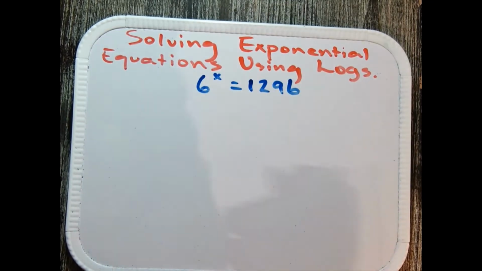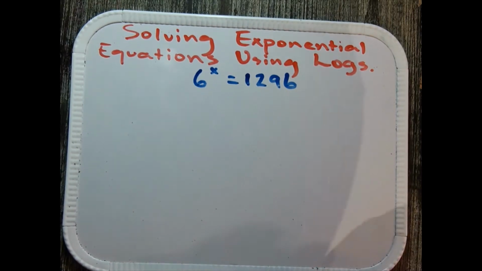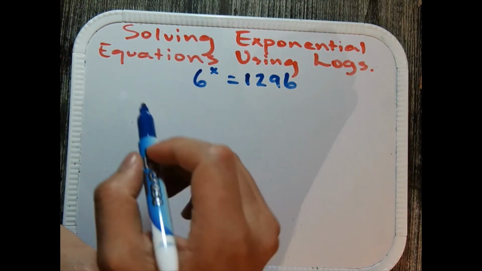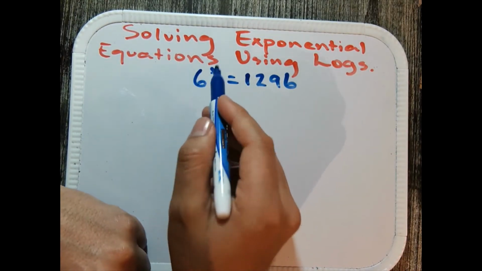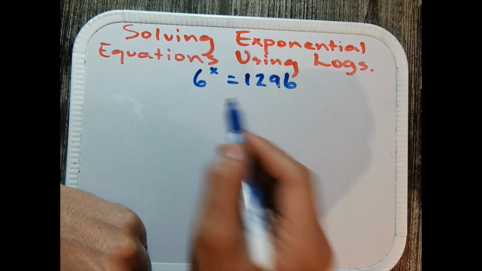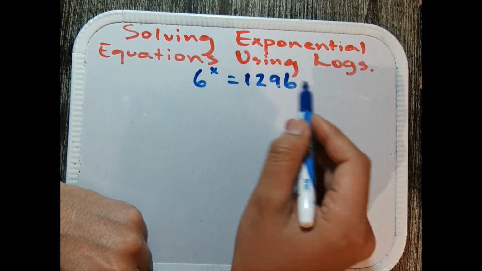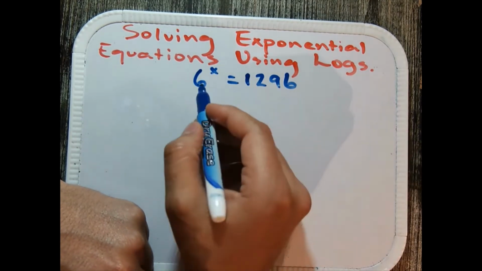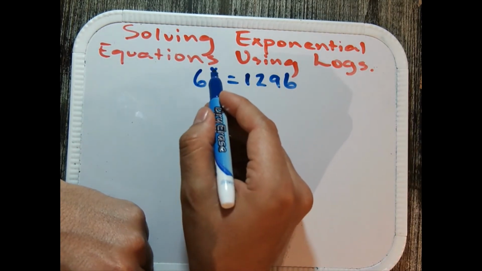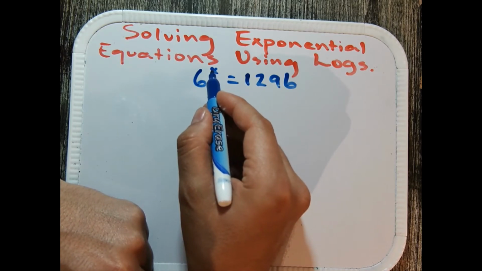Before I even solve for that x, we have to understand what we're looking for. We're looking for a value of x such that when we raise 6 to that value, we get 1,296. So again, 6 to what power x will give me 1,296.